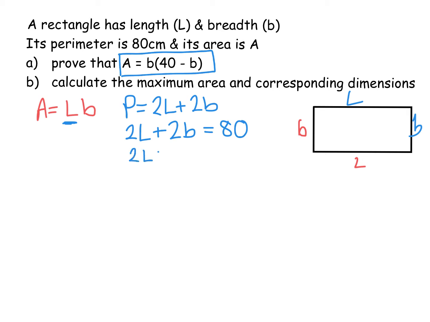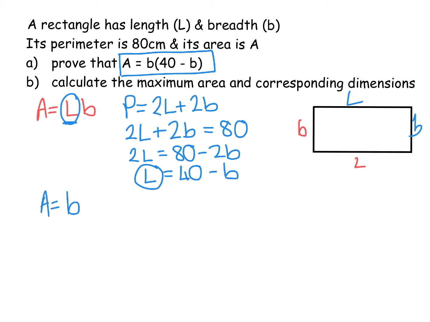So 2L equals 80 minus 2B. And then I'm going to divide everything by 2, both of them, which leaves you 40 minus B. Can you see where the 40 minus B comes from now? So now we know what L is. We are going to replace that L with 40 minus B. So A equals B bracket 40 minus B.